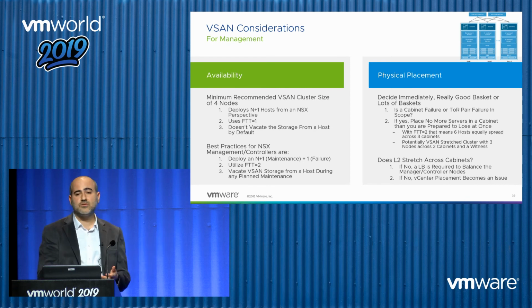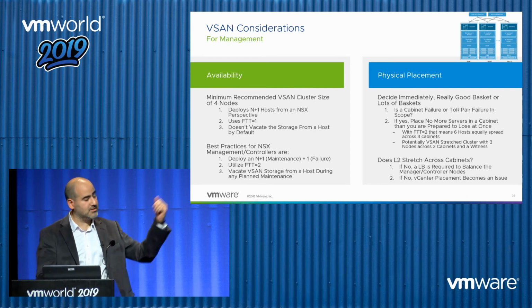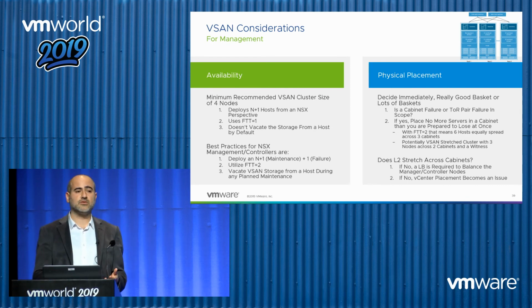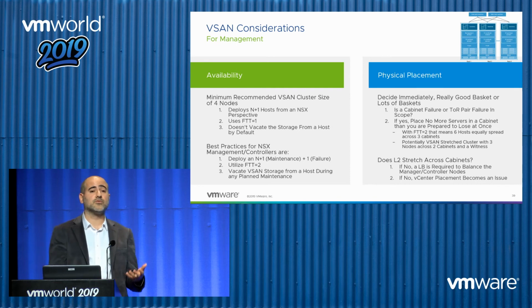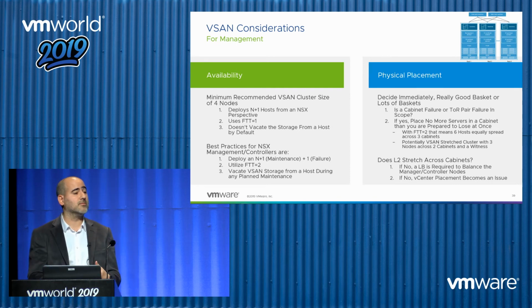So with an FTT2, as mentioned on this slide, when you have a 6-host ESX cluster, you shouldn't put more than 2 hosts into the same rack if you are designing the whole architecture by taking into account any kind of rack failure, any kind of top of rack failure scenarios. In this case, with a 6-host ESX cluster, you would spread that cluster across 3 racks.